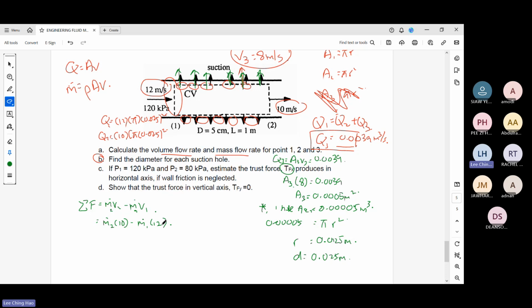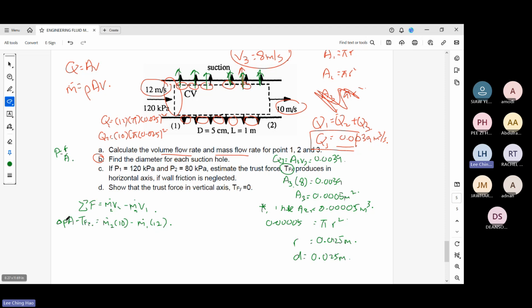When the pipe itself is moving, weight is not considered. So at the end, your left hand side will only consider pressure force. PA is the pressure force because pressure equals to F over A, so F equals to P times A. Why I put the triangle? Later on I'll show you. Minus the R, the reaction, or we call it TFR, TFX, to be specified or fixed in this question.